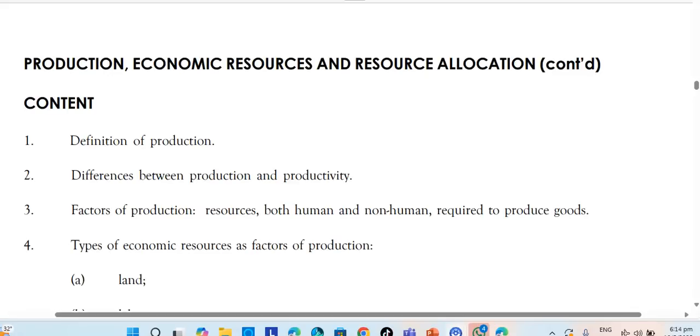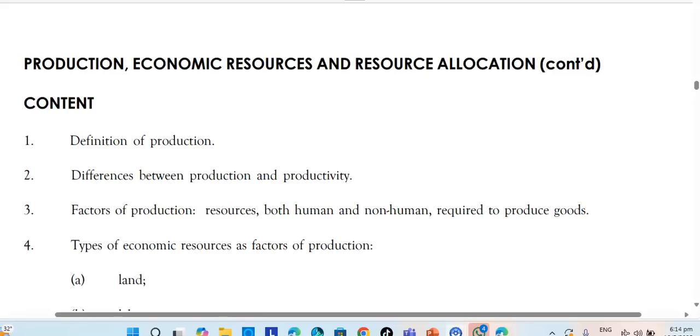So production is the process of combining resources. What are the resources that we talk about in economics again? Land, labor, capital, and entrepreneurship. So production is a process of combining resources to create goods and services that satisfy human needs and wants.